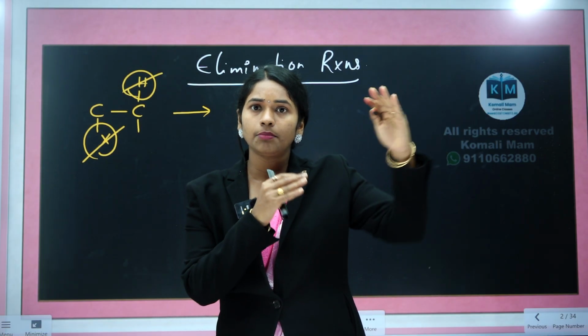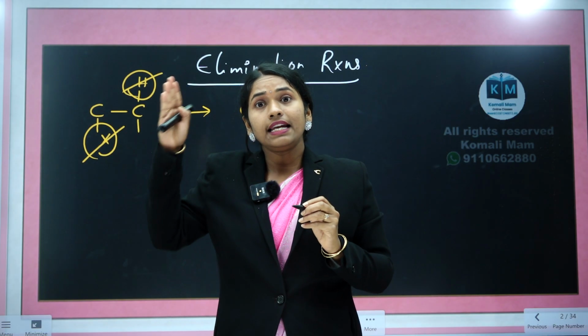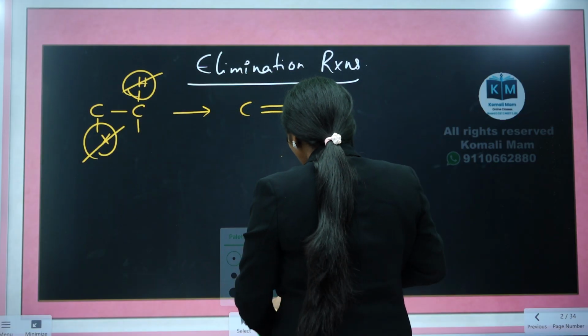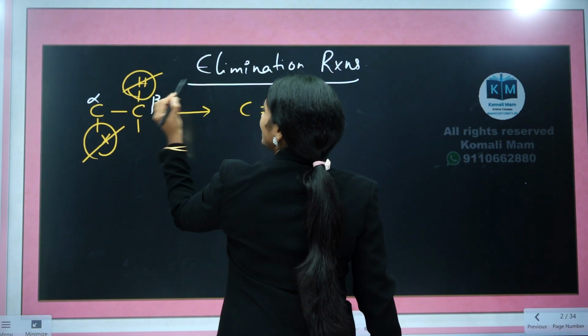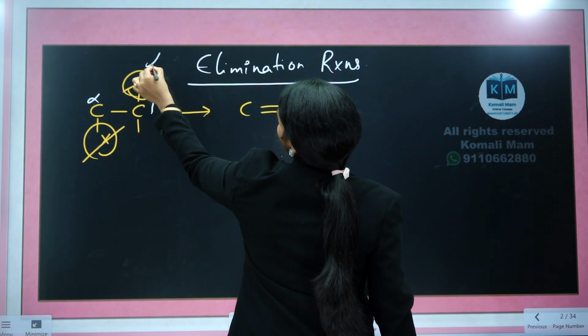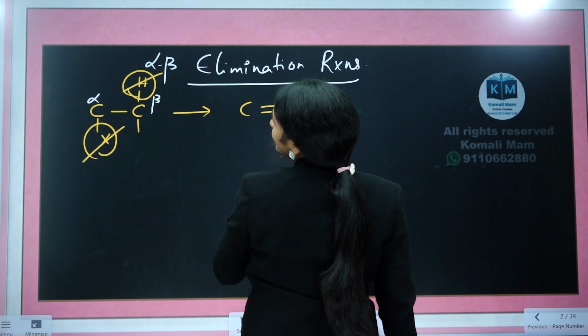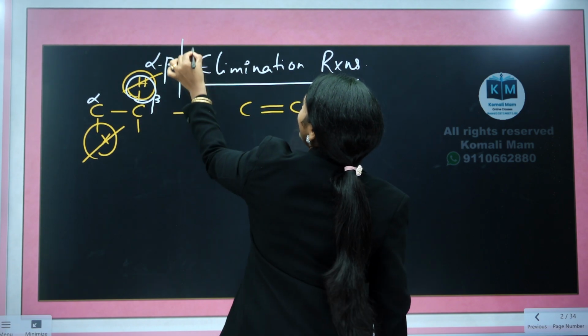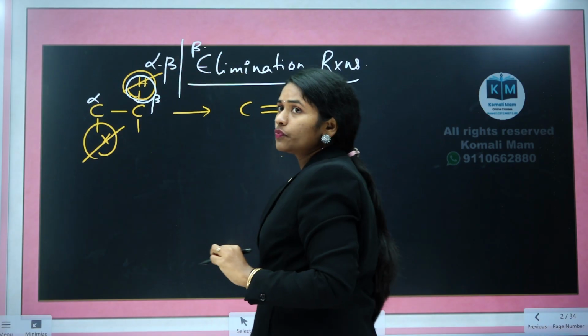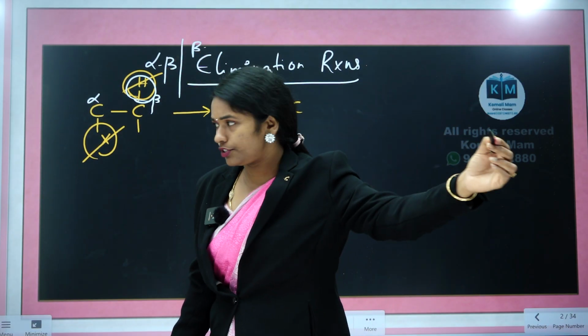The halogen-connected carbon is called alpha. The next carbon is beta. See here, this is alpha, and next is beta. That's why these elimination reactions are also known as alpha-beta elimination reactions, or simply beta elimination reactions, because we are removing the beta hydrogen.